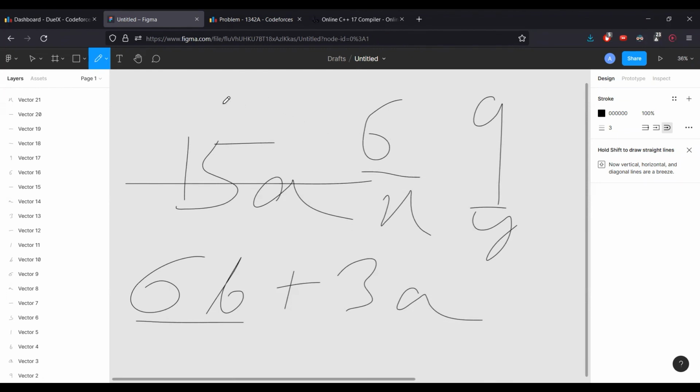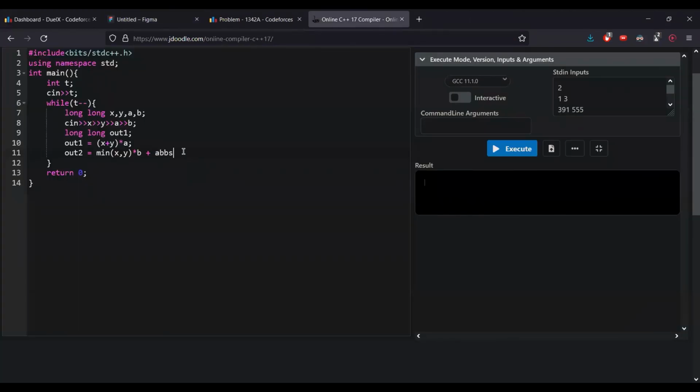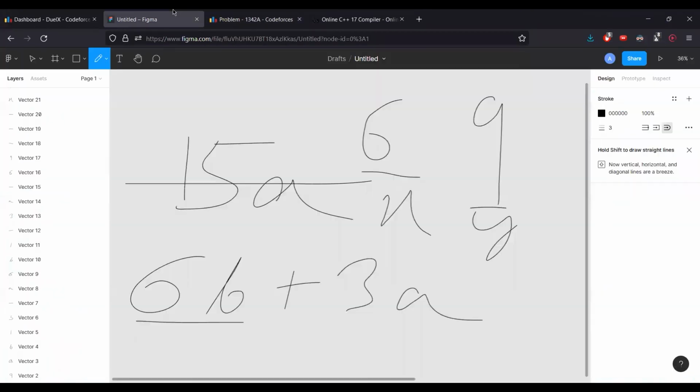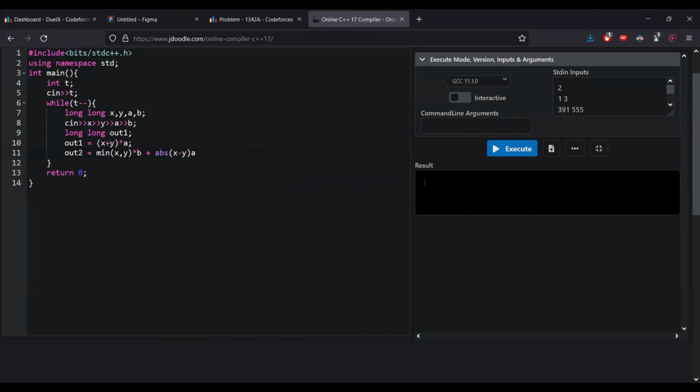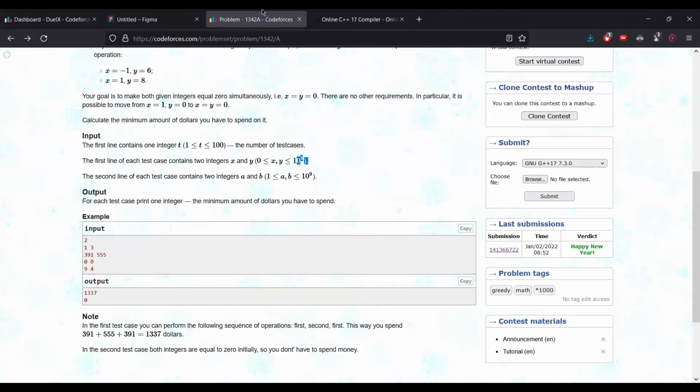It's either minus 3 or 3, minus a or a. The a remains same. So what I need is the absolute value of x minus y. And the coefficient of that is a. Yes, that is correct.